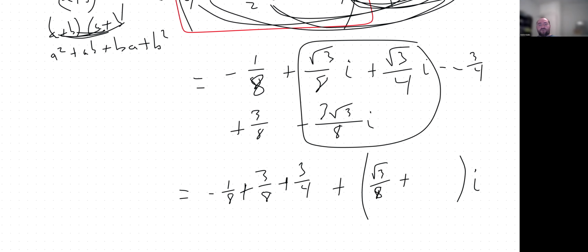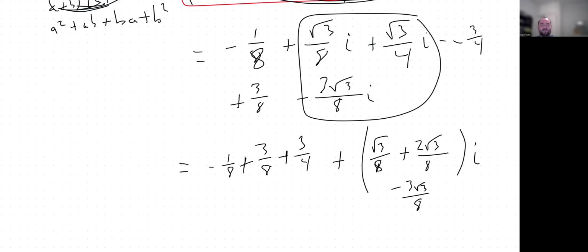If I want the 8 on the bottom, then I need 2 square root 3 over 2 times 4, which is 8. So 2 square root 3 over 8, and then minus 3 square root 3 over 8, that many i's. So that also goes in these parentheses because that's multiplied by i. Okay, so this all cancels out.